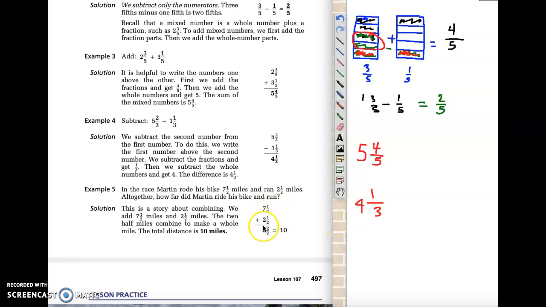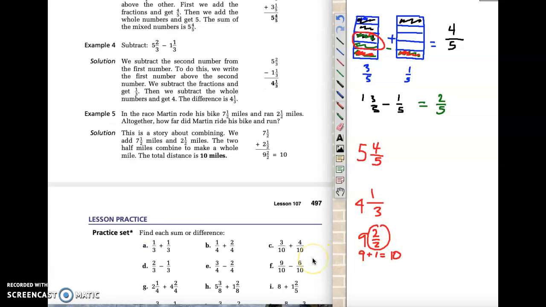But here's something tricky. When you have 9 2/2, what does that reduce to? Well, 2/2 is equal to 1. So we're going to say 9 plus 1, and he will have run and rode his bike 10 miles.